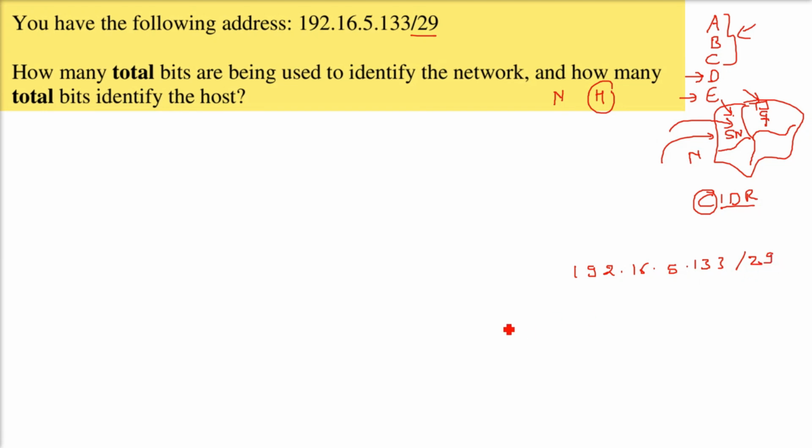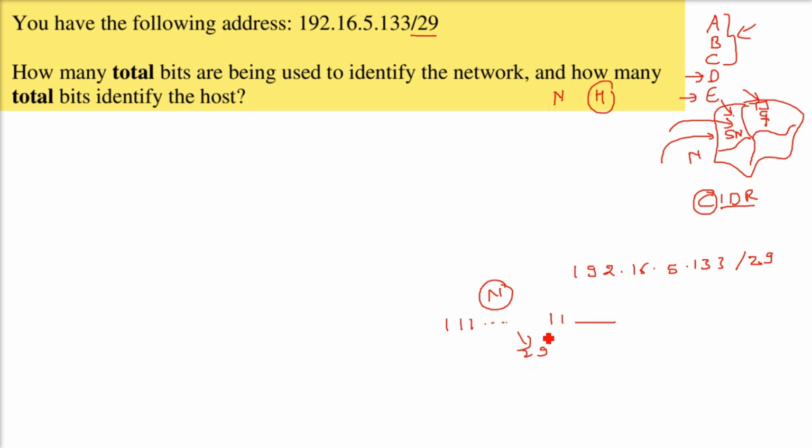This 29 is signifying that the first 29 bits starting from the left, the leftmost 29 bits, are ones. And the ones are the network. These are signifying the network.